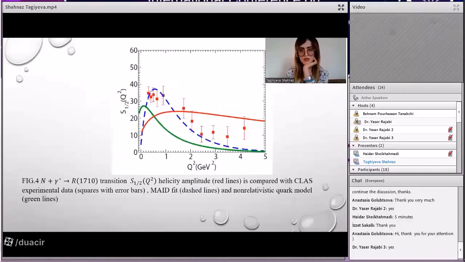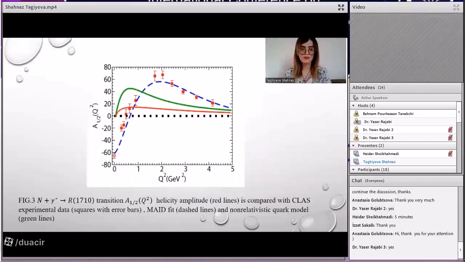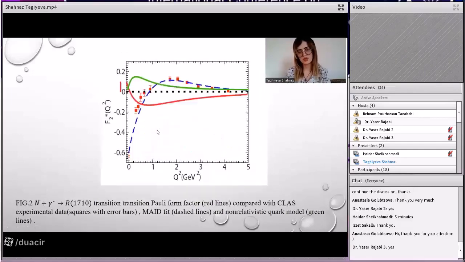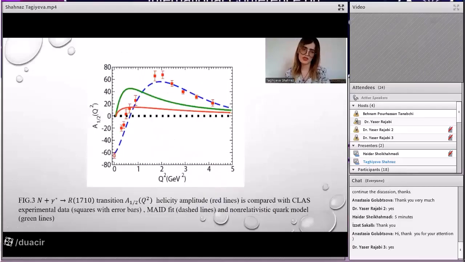Yes, at some points. The Dirac and Pauli form factors are close to the experimental data, but the helicity amplitudes are close only at some points.